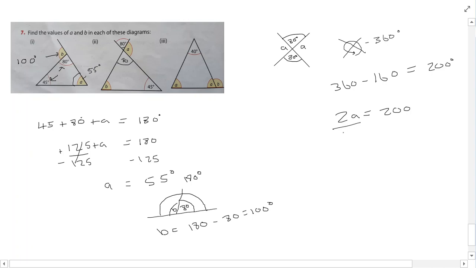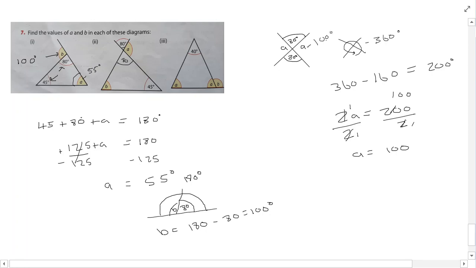If I divide this side by 2, I have to divide this side by 2. And therefore A is going to be equal to 100 degrees. So what we know now is that A is equal to 100 degrees.